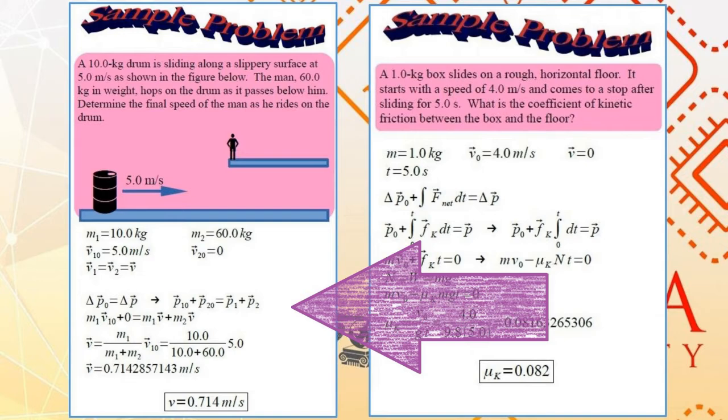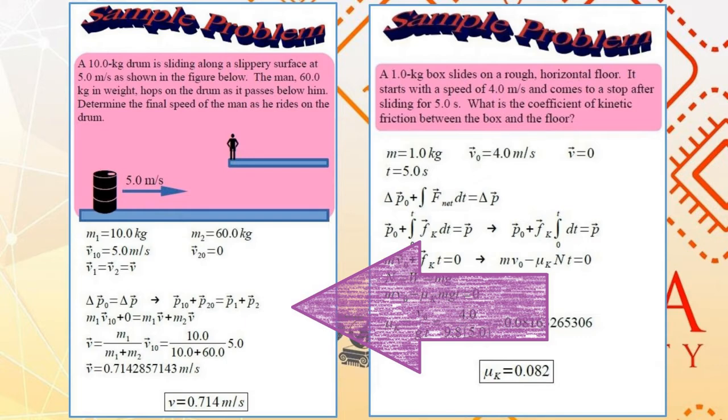In this problem, you have two objects, the drum and the man. Let the drum be object 1, so m1 is 10 kilograms, and the man is the second object, m2 is equal to 60 kilograms. According to the problem, the drum m1 is traveling at a speed of 5 meters per second, so let v1 initial be equal to 5 meters per second.